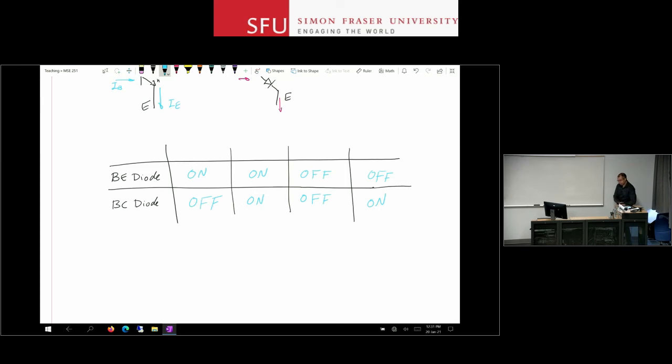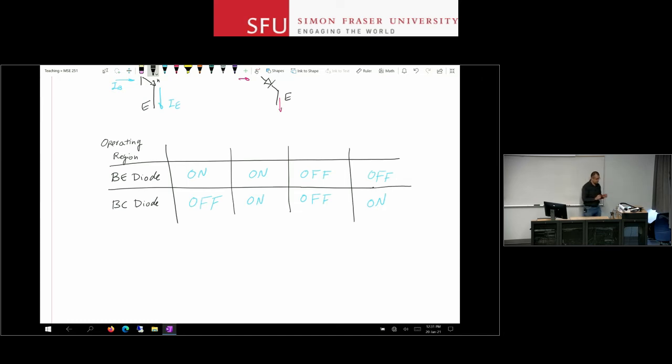All right. So 4 possible situations. I can have nothing more. Either both of them are off, both of them are on, or one is on, one is off. Right. So this arrangement is going to determine the operating region for my transistor.